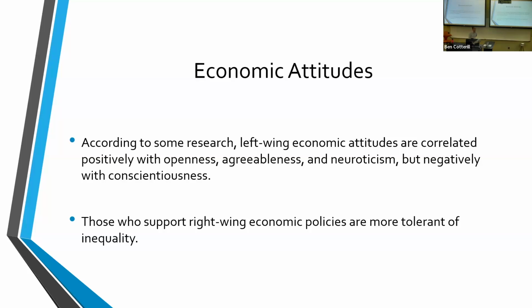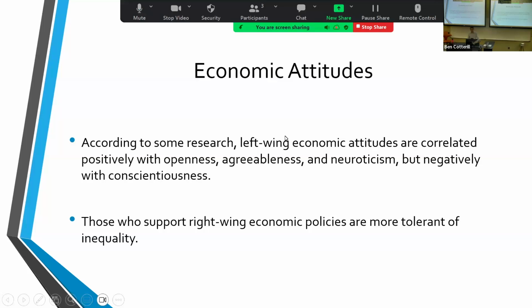Just quickly, what I've mainly talked about so far are associations between personality and differences on social political issues. But there are, of course, also economic issues. Now, again, those on the left on economic issues are more likely to be higher in openness and lower in conscientiousness.